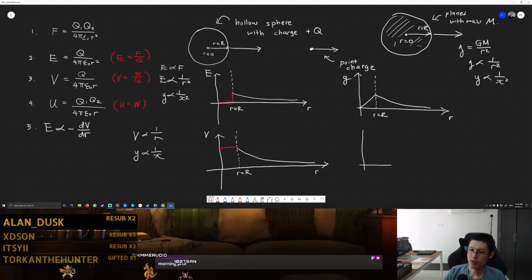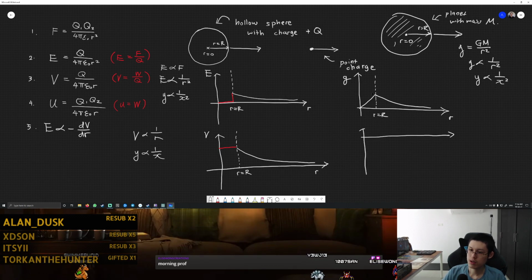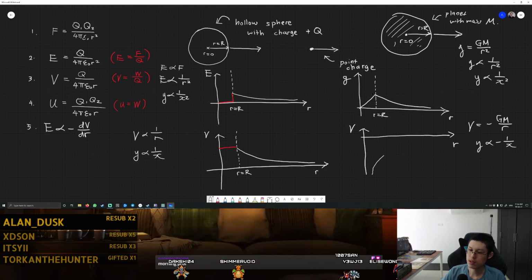And then gravitational potential is a bit different. Gravitational potential, V against R. So gravitational potential is negative GM over R. So you're plotting y proportional to negative 1 over x, which means it kind of looks like this.